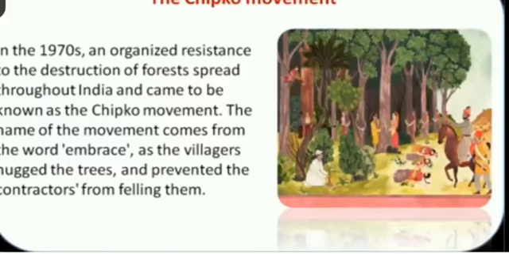In 1972, an organized resistance to the destruction of forests spread throughout India and came to be known as the Chipko movement. In this movement, the people embraced the trees to protect them, and sacred groves. Here, religious beliefs are thrown on these plants in order to prevent them from being hunted.